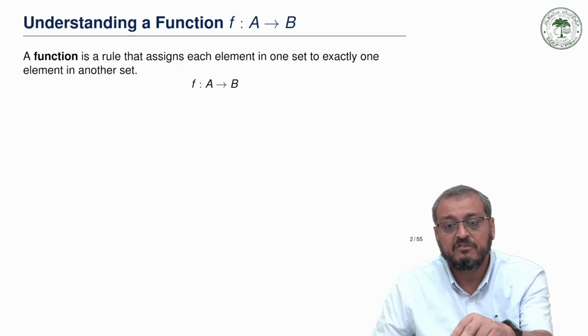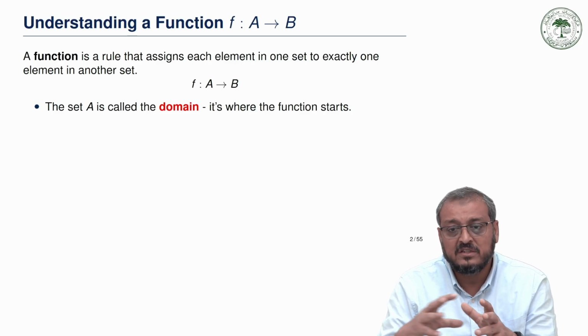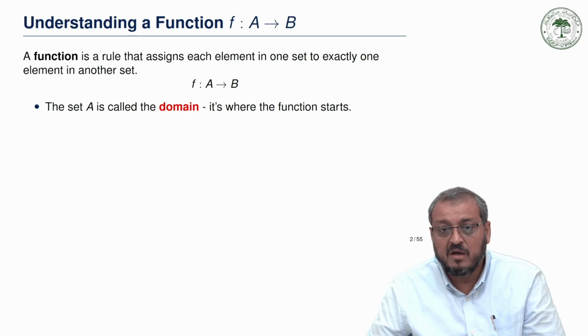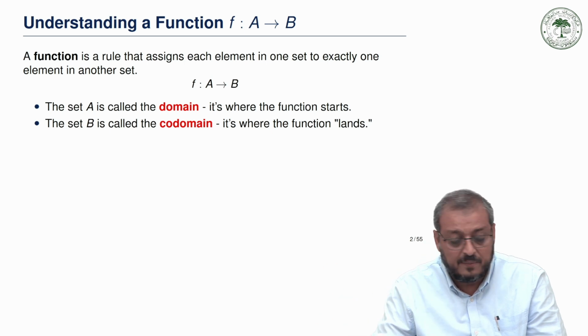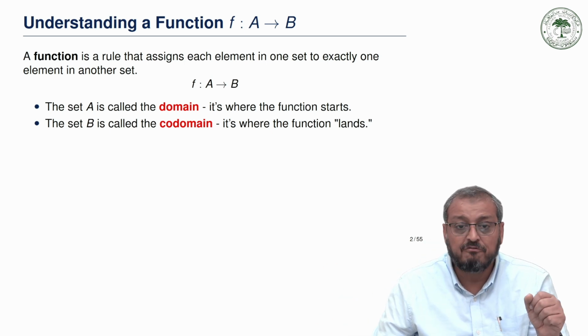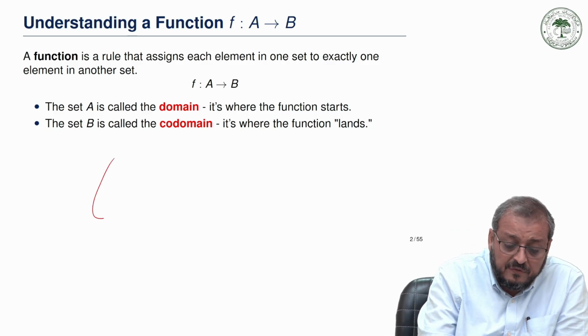You already know what the set A is. A is called the domain, where the function starts, and B is called the codomain, where the function ends. Let me show you by a figure.